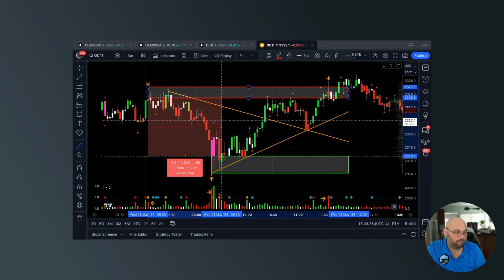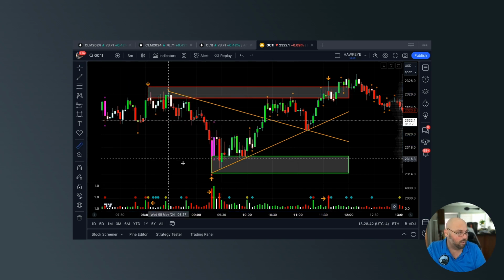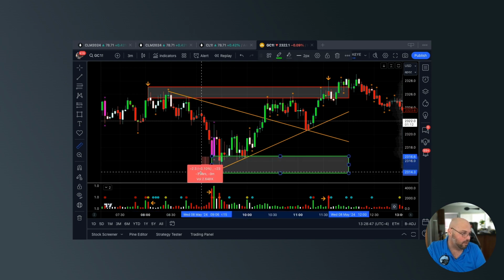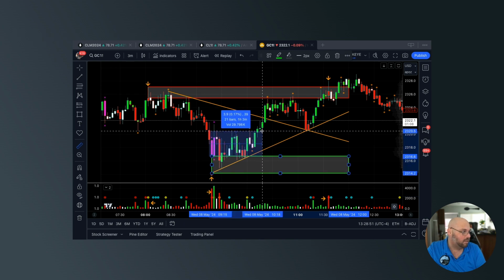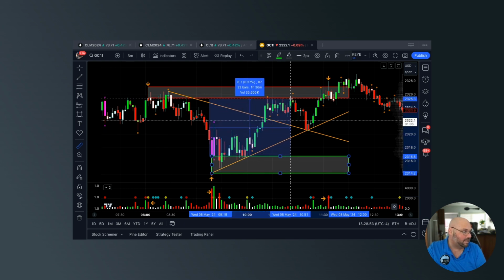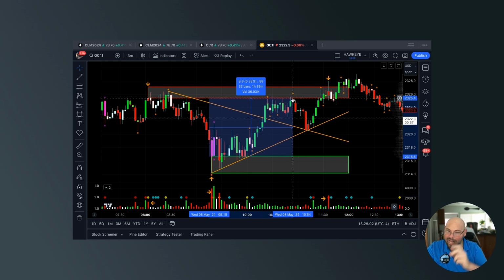From this area, when we identified that we were not going lower any further, you had a risk of approximately 25, 26 ticks, and you knew exactly where to take your profit as you reapproached here. Again, 88 ticks. Low risk, high probability can be achieved by understanding the relationship between volume and price action. Folks, that's how it's done.